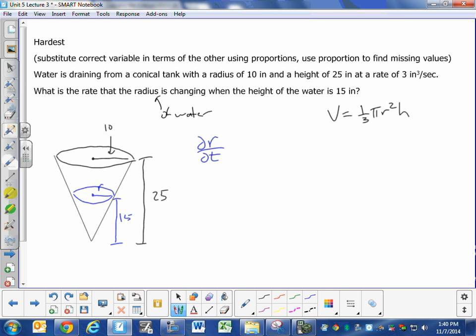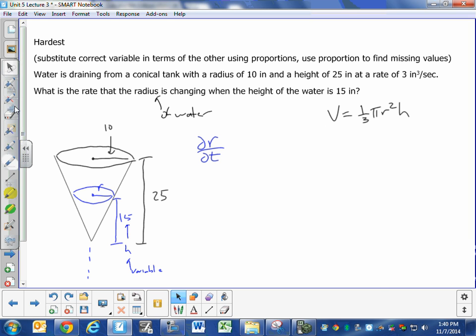Okay, well, there is a certain proportion that we will use, and this is an h, of course, and this h is changing. This is not fixed, because the height will be going down as the water is leaking out here. So the height is variable as well. Let's see what happens when I just take this and take the derivative. Maybe I'm like, well, I got an h, I got an r.